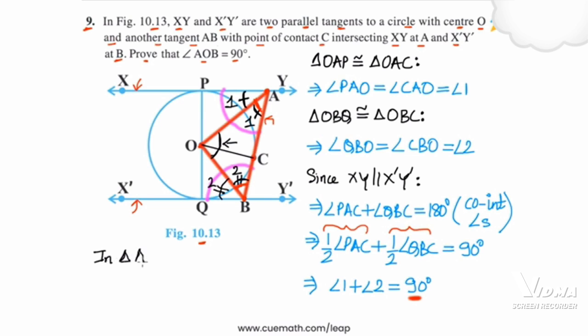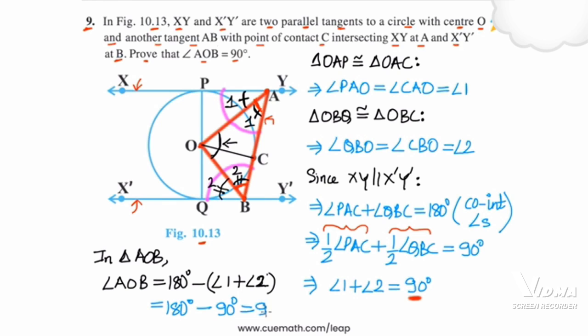In triangle AOB, the triangle that I've highlighted, angle AOB will be equal to 180 degrees minus the sum of the other two angles, so angle 1 plus angle 2, and this basically follows from the angle sum property. So this is 180 minus 90, which is 90. So we have proven that the measure of angle AOB is 90 degrees. Okay, this is what we had to prove. So this completes question number 9.